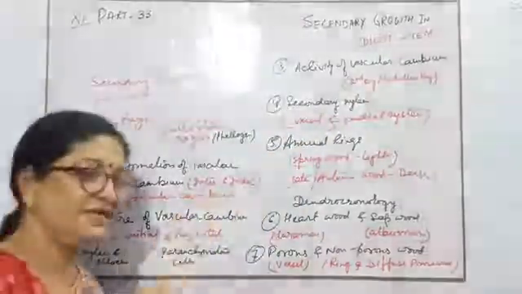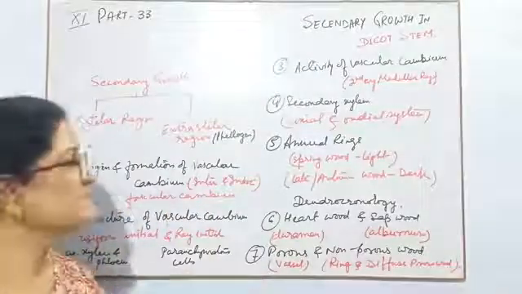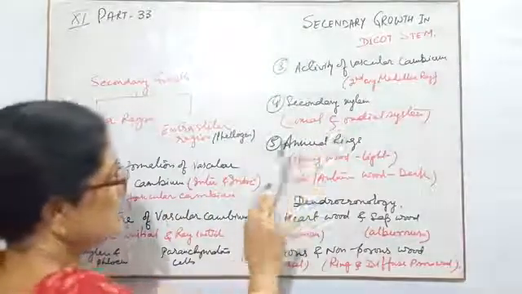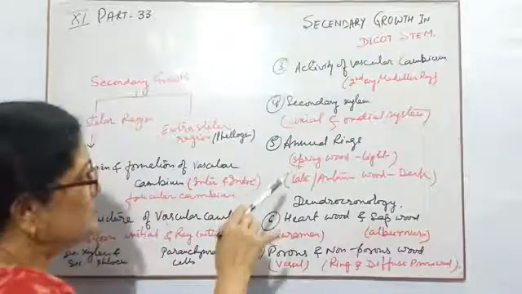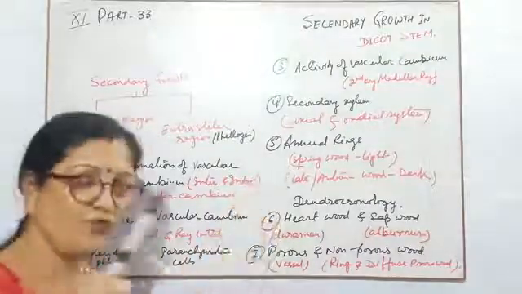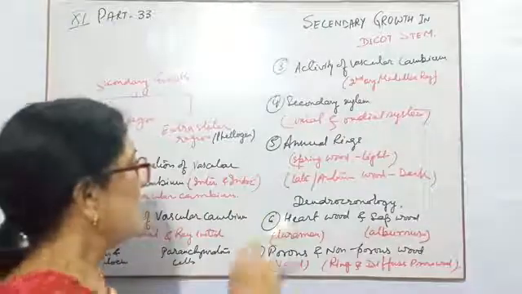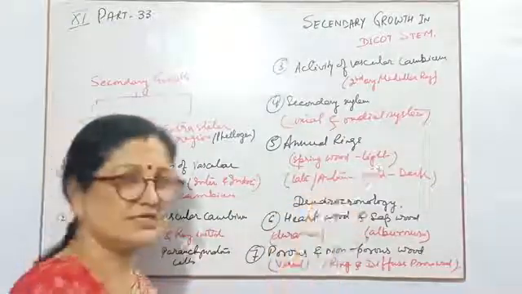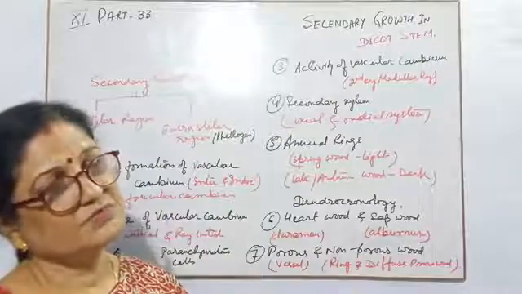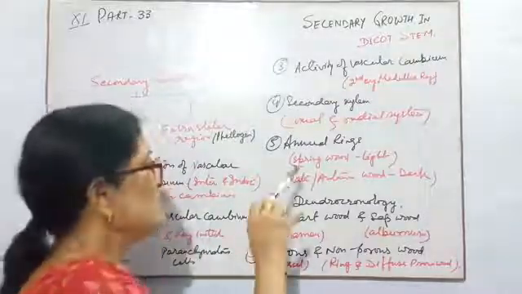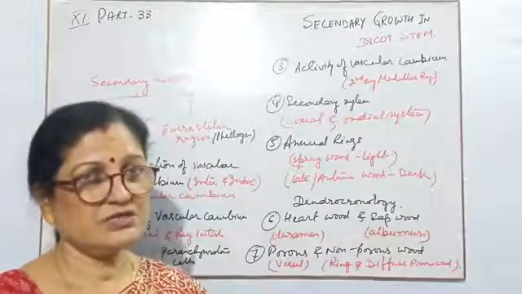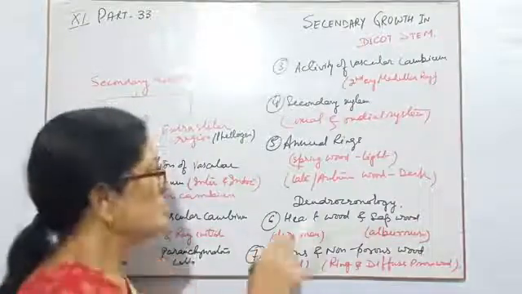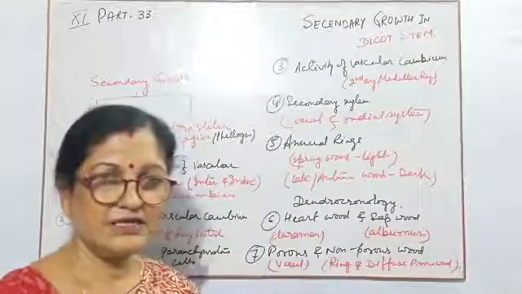Then the formation of total secondary xylem forms the annual rings. An annual ring is made up of two rings in one year. Spring wood is lighter in color and always forms in the spring season. Its cells are wider and broader with less content, so it gives a light colored area.